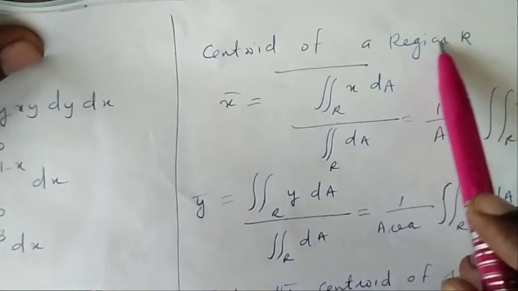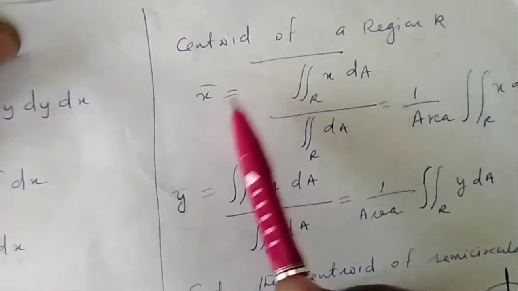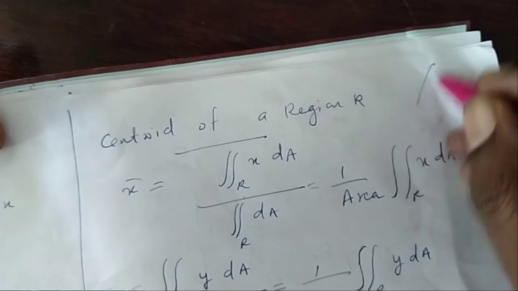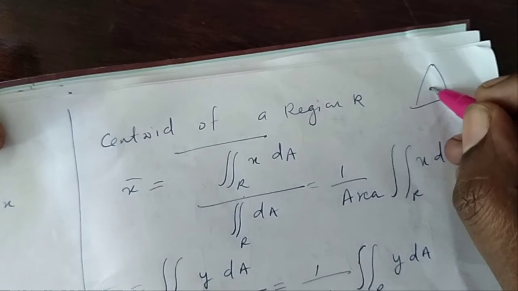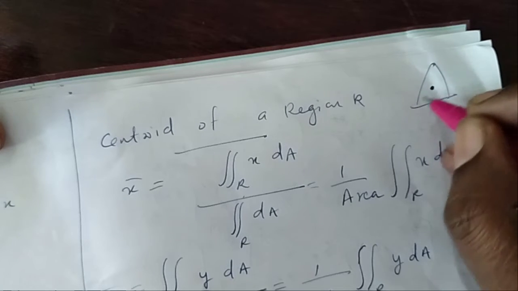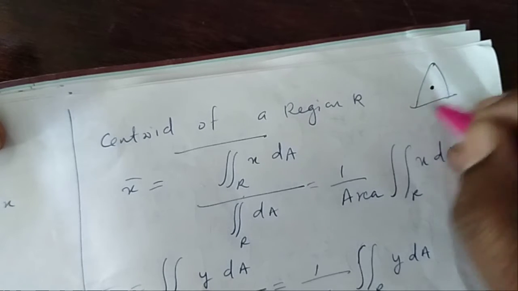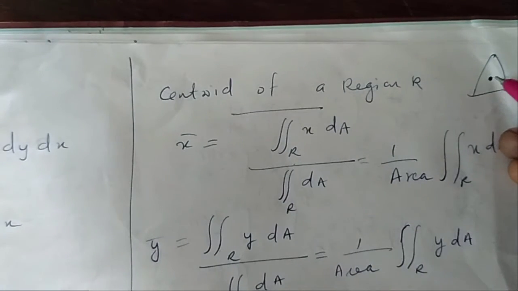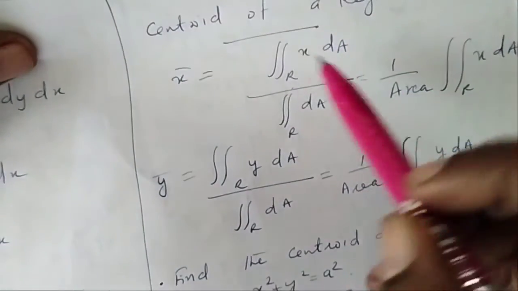Next is the centroid of a region R. What is a centroid? If it is a triangular region, the centroid is a point which is the middle point of the region.